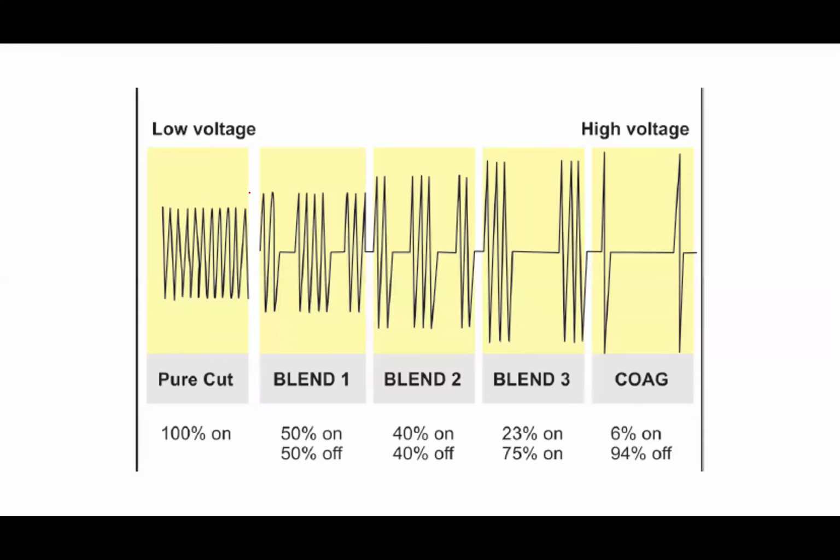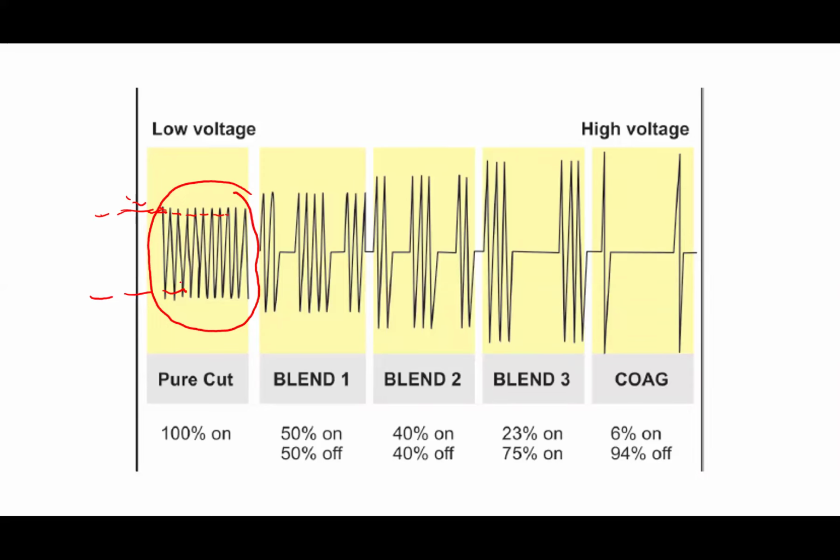You can see for pure cutting now, look at the frequency interval between these waves. They are very short, so the frequency is high. But look at the voltage. The height of the voltage is low. So for pure cutting, you will have a high frequency and a low voltage.